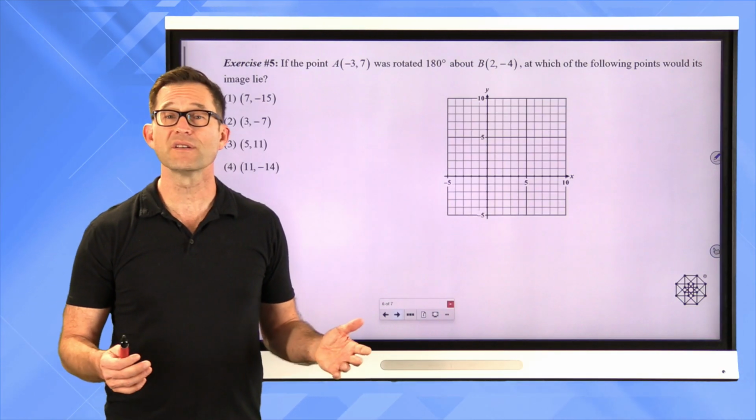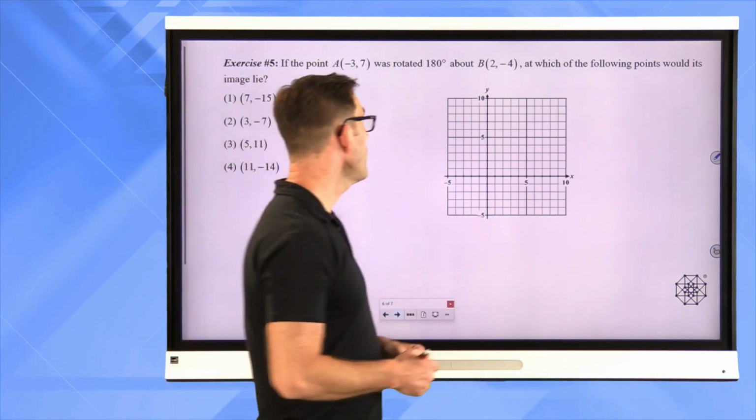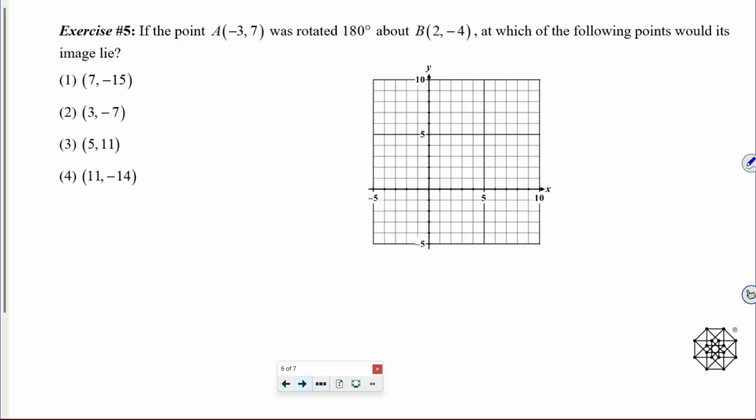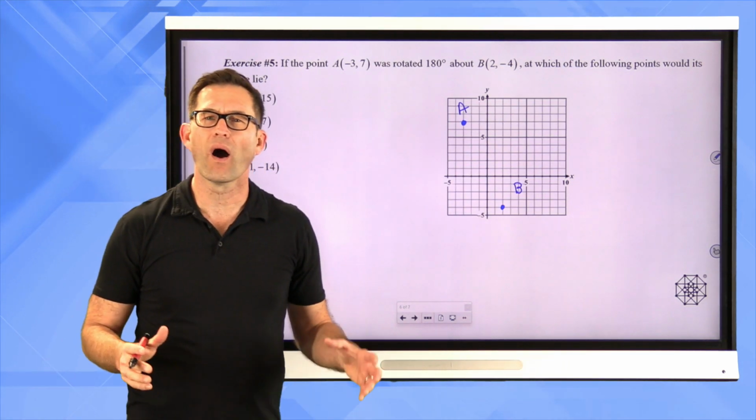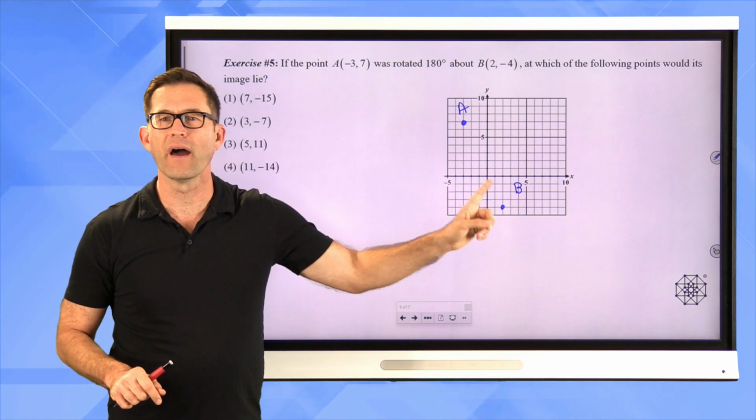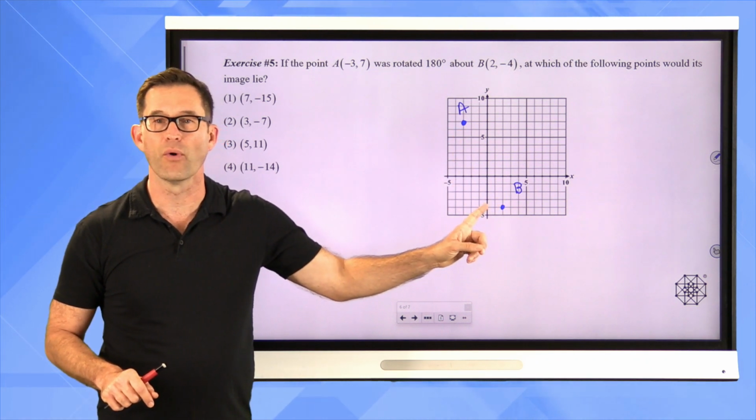All right, let's experiment a little bit with this. Point A is at -3, 7, right, which is right here. The center of rotation is at 2, -4. That's B. Right? Ooh boy, right? So now I want to rotate this point by 180 degrees about this point, right?